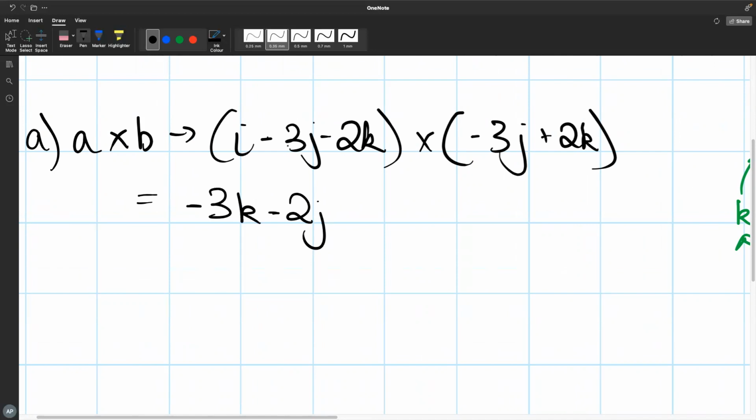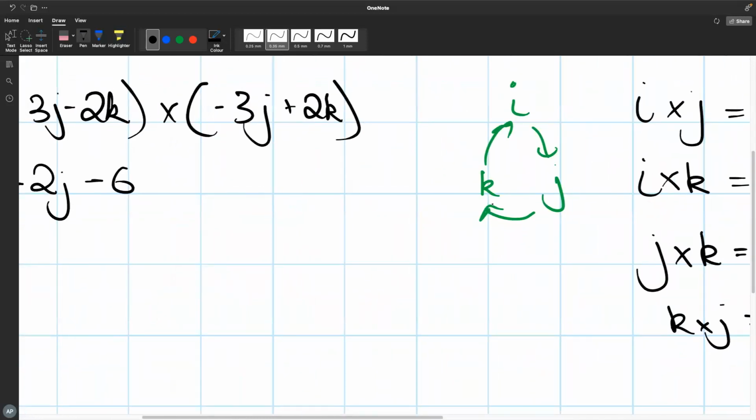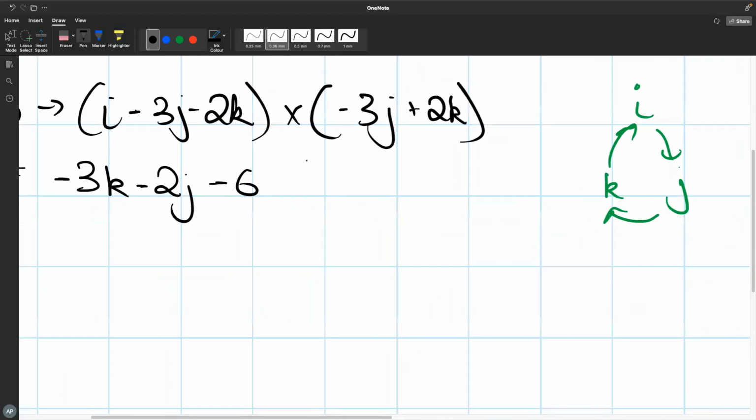Then for this value, because j cross with j is equal to 0, we can completely ignore this multiplication. Minus 3j crossed with 2k gives us minus 6, and because this is going j to k, the same way, clockwise in this cycle, we do not have an extra negative. So that remains as minus 6, and we get i.